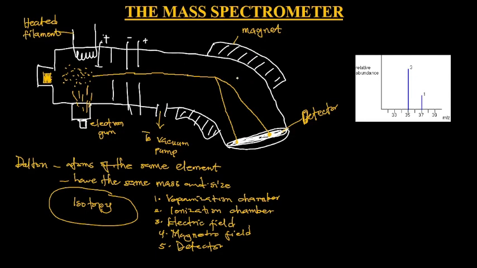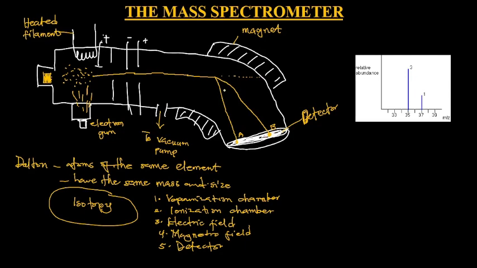The lighter it is, the more it gets deflected through a wider angle. So we would have been expecting that this will continue in a straight line, but because of the magnetic field, it will be deflected onto the detector. So this is spot A and this is spot B, based on their masses.